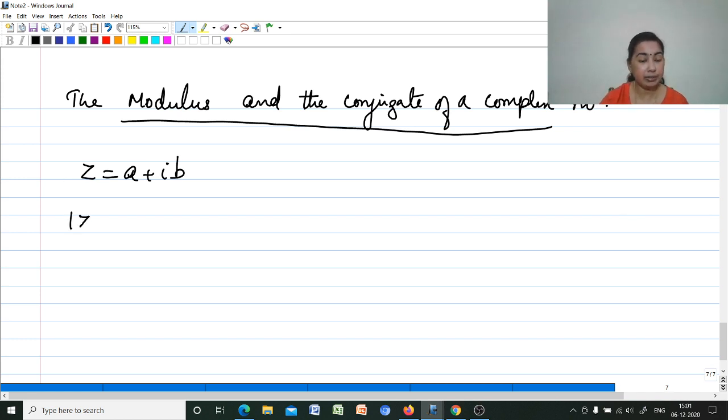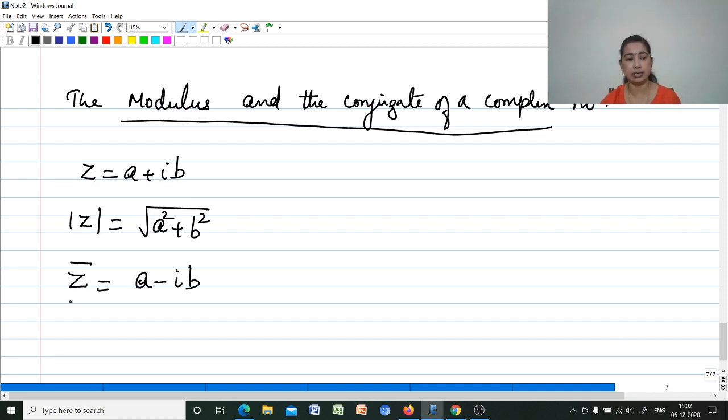Then modulus of z we denote it as mod z, and mod z is root of a square plus b square, where a is the real part, b is the imaginary part. We call mod z as root of a square plus b square. And what is conjugate? Z conjugate, conjugate of z, that is a minus ib. So conjugate of z we call it as z conjugate, and that is conjugate of a plus ib is a minus ib. Modulus of z is root of a square plus b square.